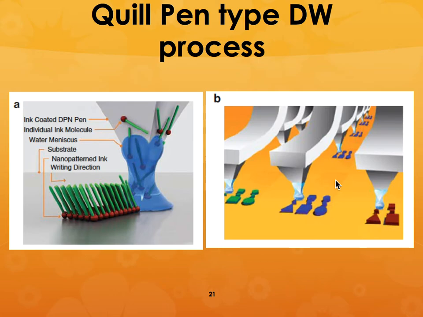Lecture 11. We were talking about the dip pen type of direct write process. So here are two schematic drawings of this process where you have these dip pens that will dip and print at extremely fine resolution distances.